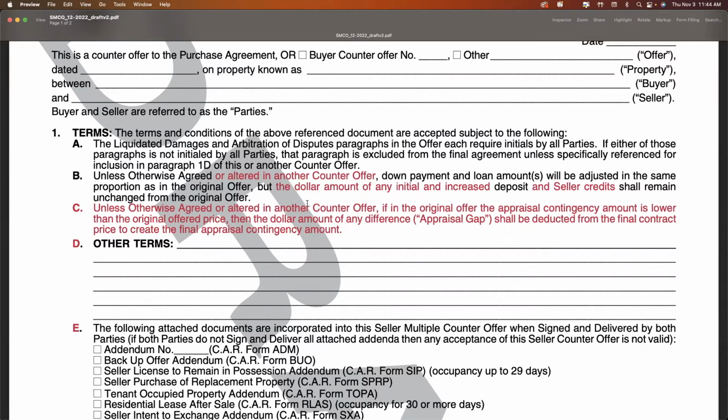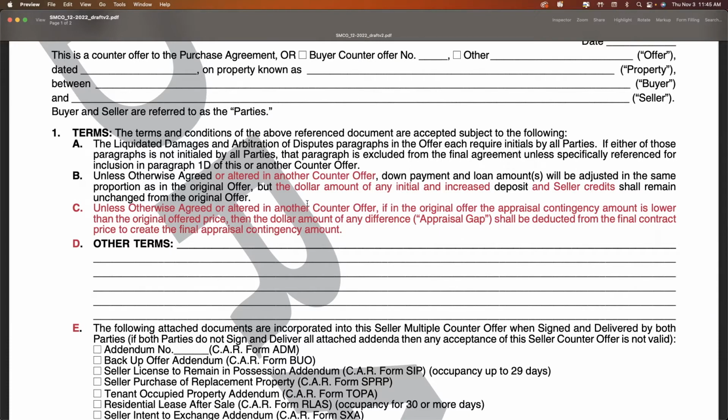So what they added there was just to say, listen, let's say that your counteroffer price is $700,000. You're countering me to pay $700,000. My original offer was at $695,000.